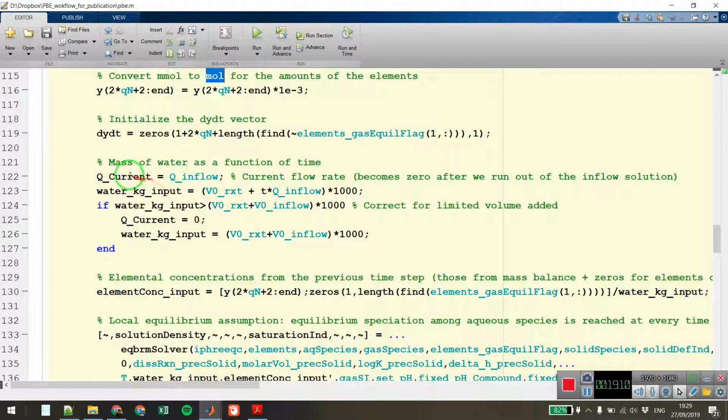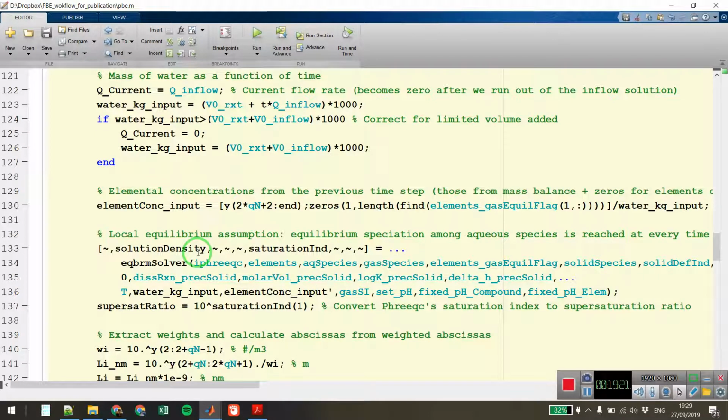Then we have to take care of the fact that flow rate is not always given flow. At some point, the added volume becomes 0. It's a semi-batch reaction. Then we have input of different element concentrations to calculate the local equilibrium.